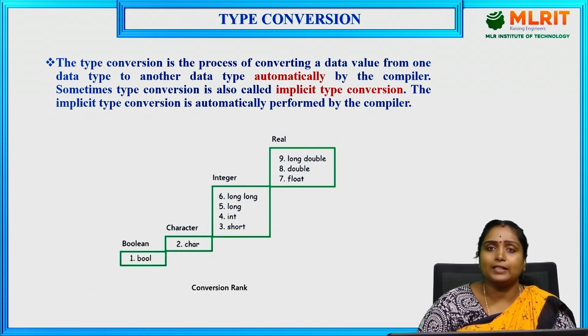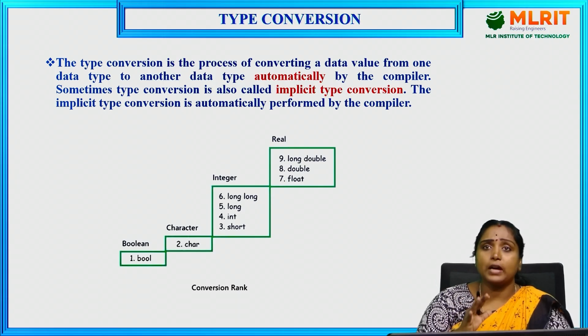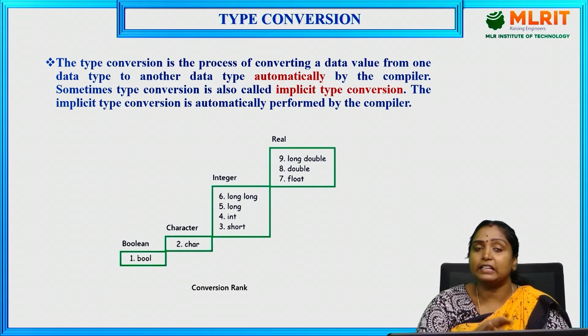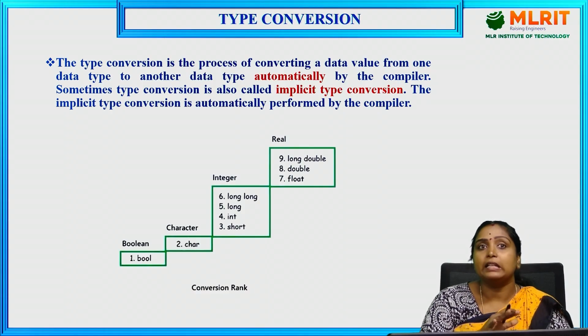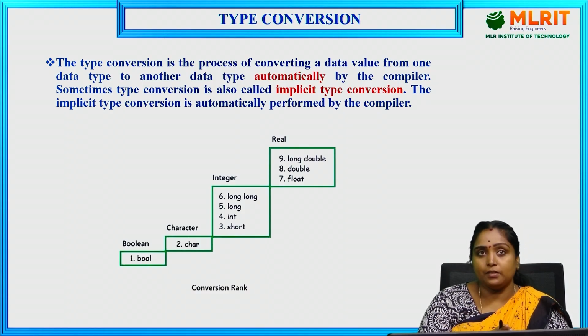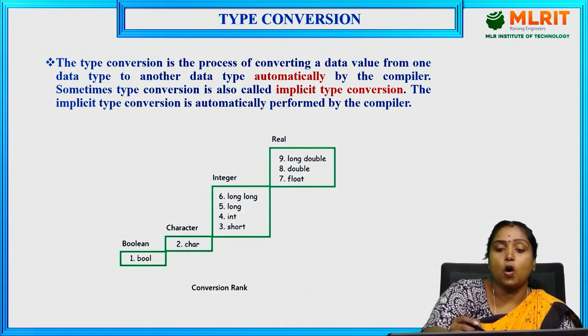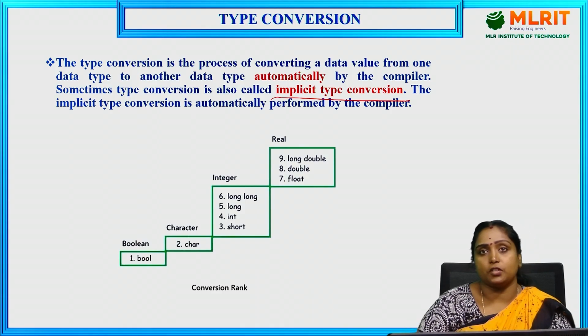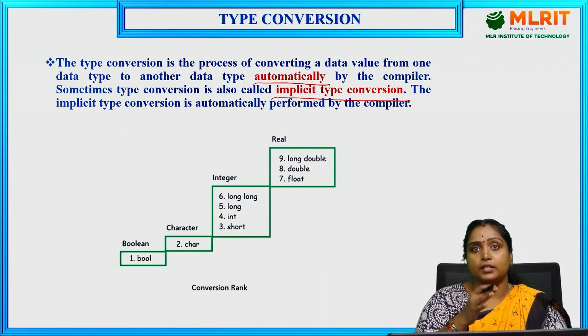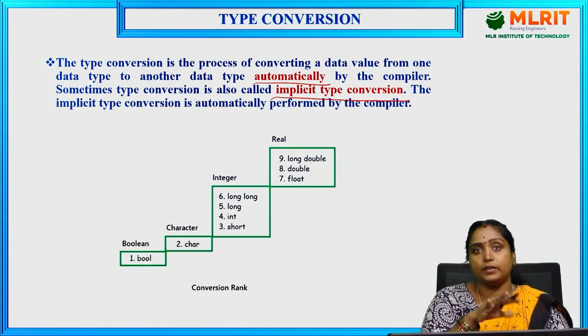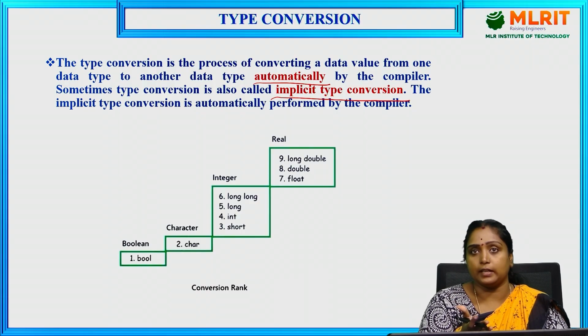So coming to the type conversion, the process of converting the data value from one data type to another data type automatically by the compiler itself, then it is said to be type conversion, or we can call it implicit type conversion. If the compiler itself has converted the data value from one data type to another data type, then it is said to be implicit type conversion.